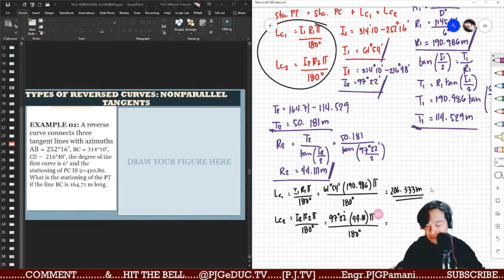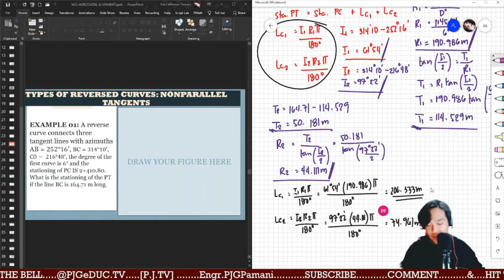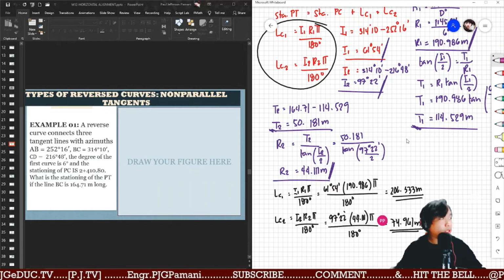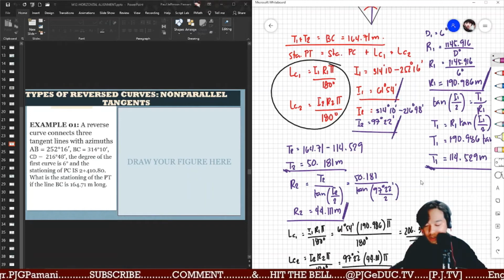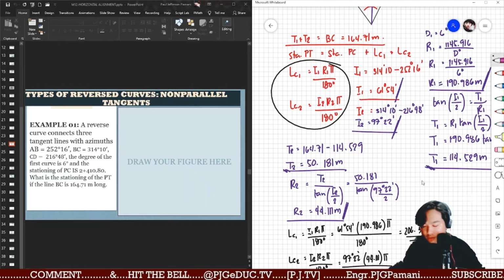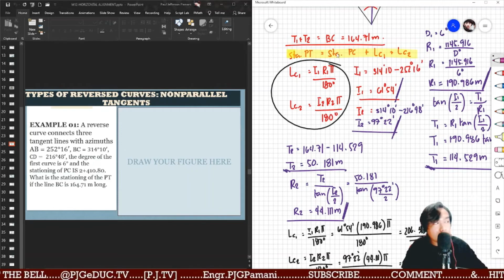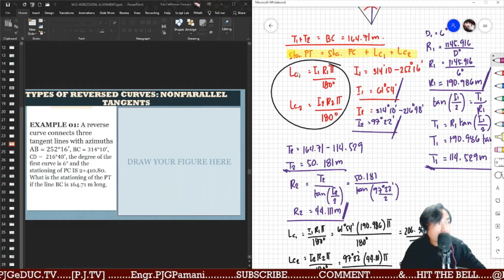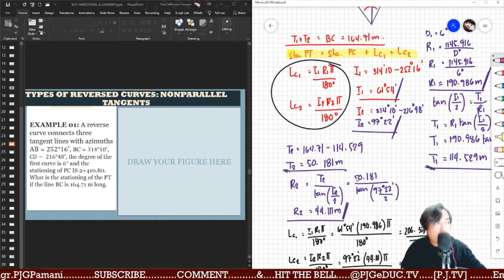That is 74.961 meters. So we can now immediately solve for the station of the point of tangency. We now have the complete requirements for that equation: station PC, the length of the first arch, and the length of the second arch.